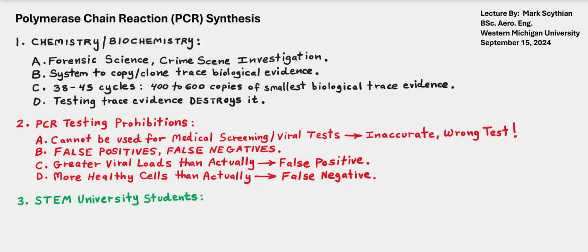And so the last part of this lecture is the STEM university student. Everybody who is a science, technology, engineering, and mathematics graduate, Bachelor's of Science graduate, has had at least 2 chemistry classes where part of their lab assignment was to use a PCR device to get enough samples of trace evidence or trace samples to complete a chemistry assignment, because most of the testing, as you isolate DNA nucleotides, even chromatography, the old school test, will destroy most of the samples.